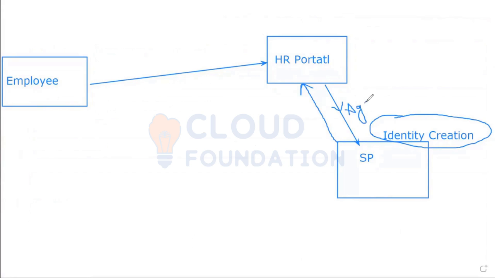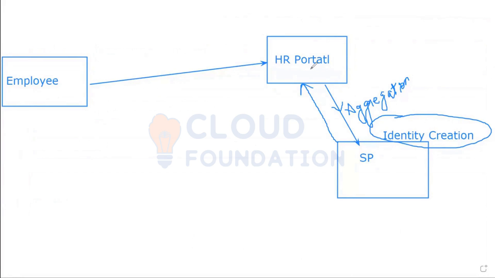Once the identity got created, this identity can log in to the SailPoint portal, because the employee will receive an email saying your identity got created. You can access the SailPoint URL link and this will be your credential. Everything will be in the email. So they can log in to the SailPoint portal and submit an access request to gain access.